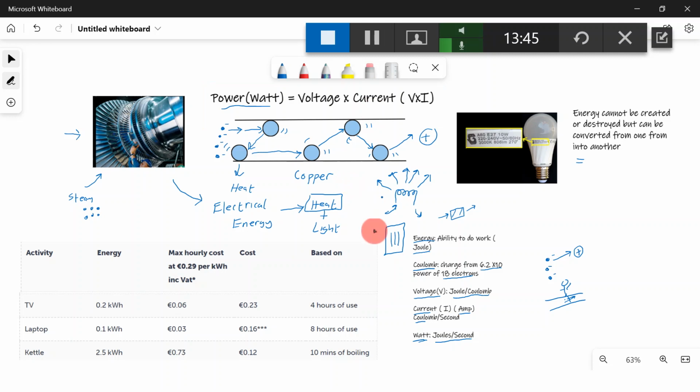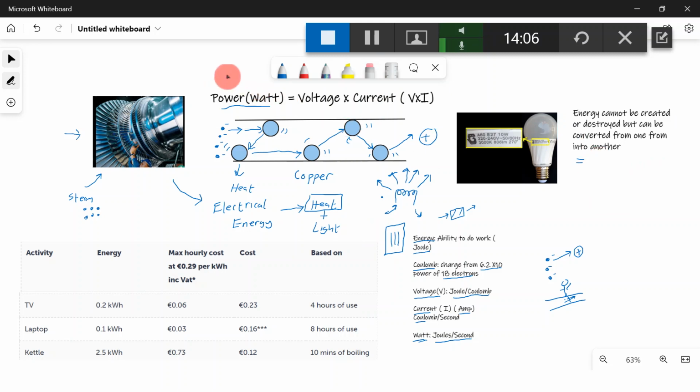Same if you want to boil a kettle: the electrical energy will heat up the element inside the bottom of the kettle, and that heat energy will boil the water, and then you have hot water to make your cup of tea. But all the time you have energy being converted from one form into another.